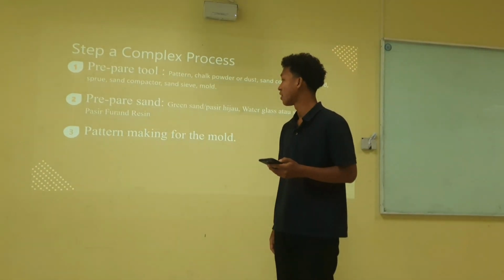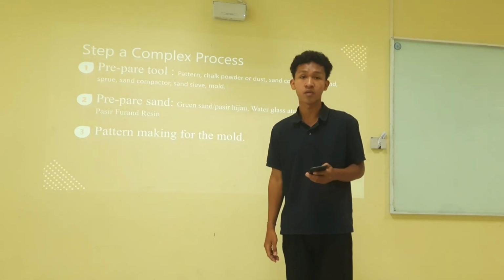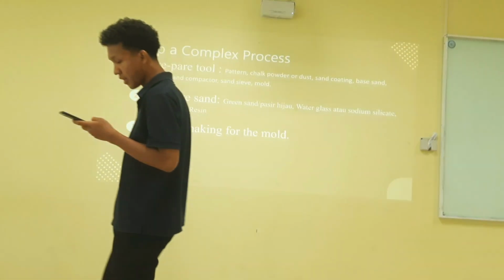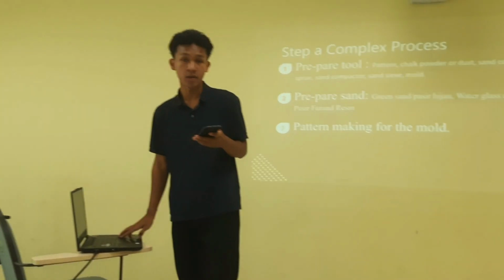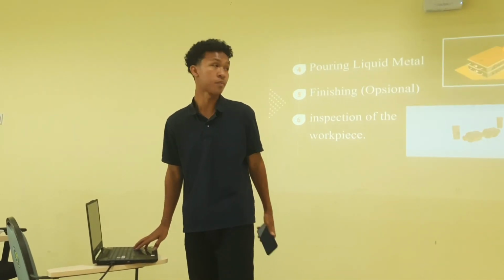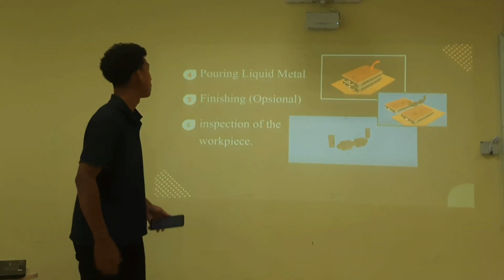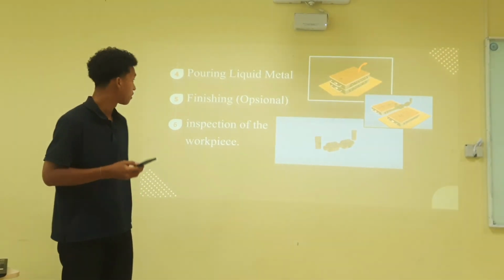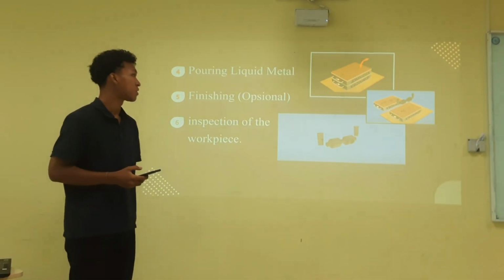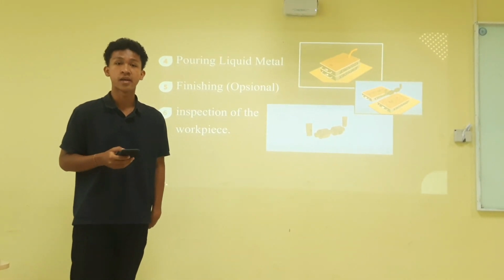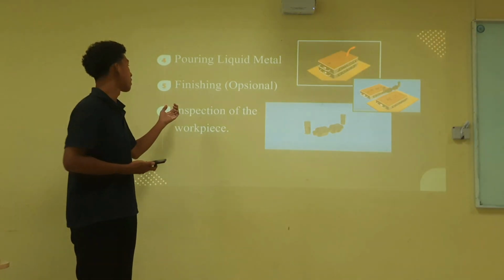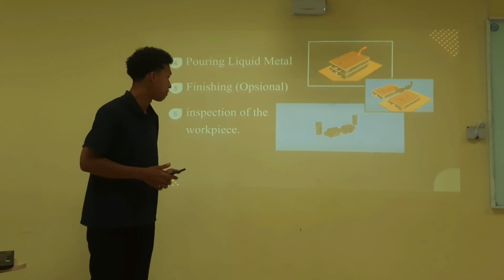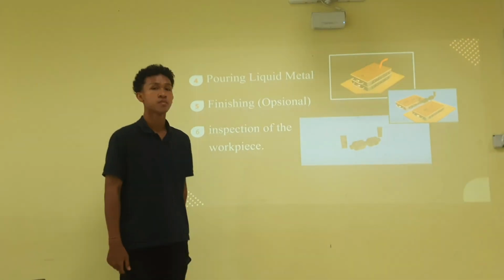Three, we make a pattern for the mold. In the mold assembly, vents allow gas and air to escape during pouring. Four, pouring liquid metal into the sand casting mold. Five, after cooling and extraction of the metal, we do finishing.